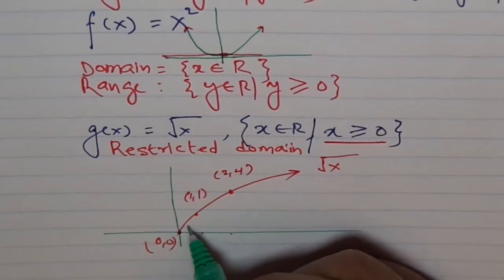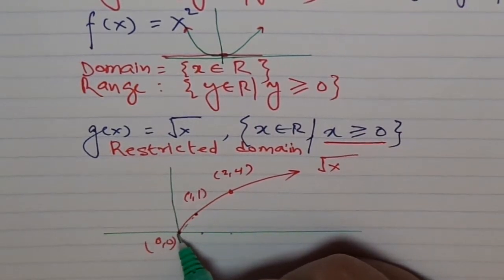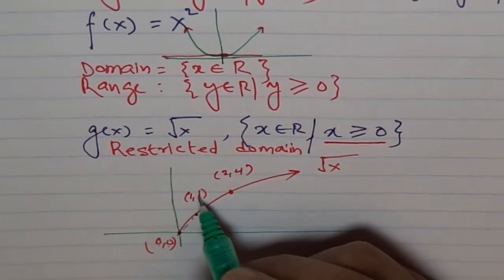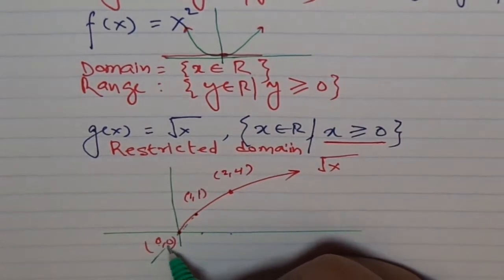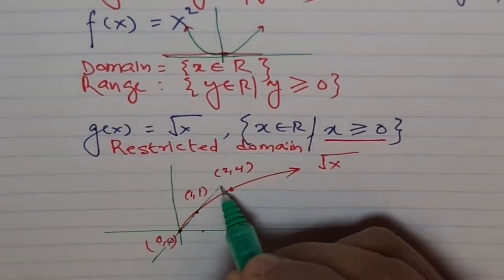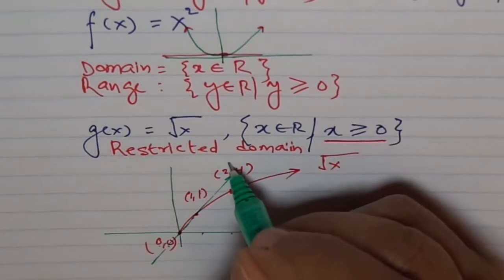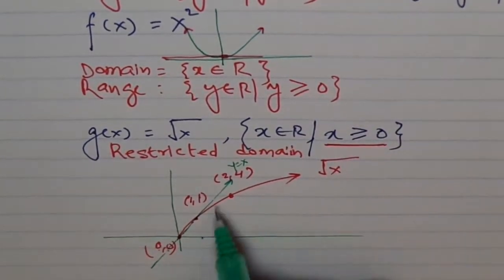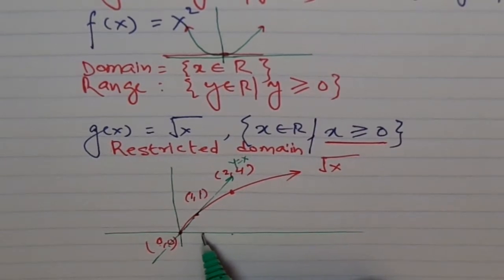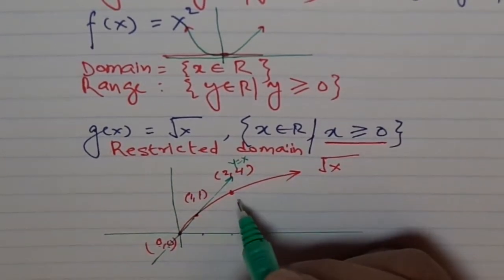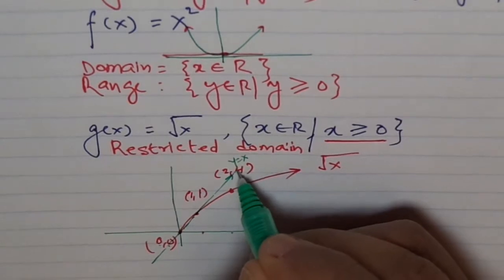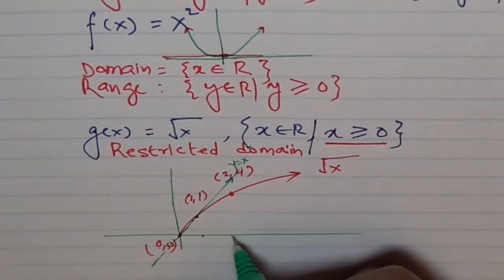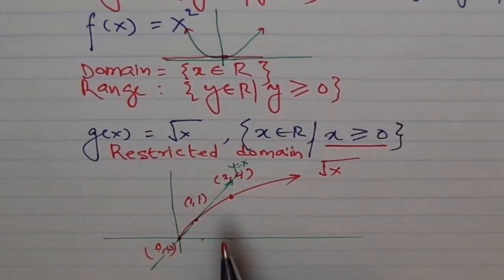1, 1 is okay. If I draw a line y equals x, this will go through 0, 0 because x equals y. Okay. So let me draw a line here. This line is y equals x, right? So our inverse of this function will be such that this point should be 4 and 2.